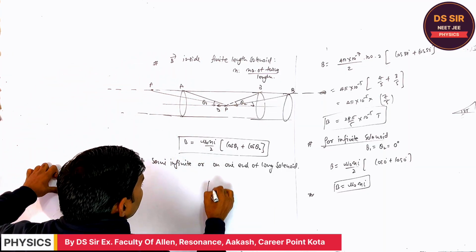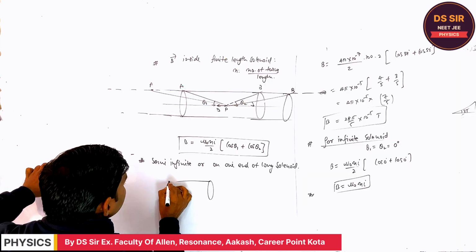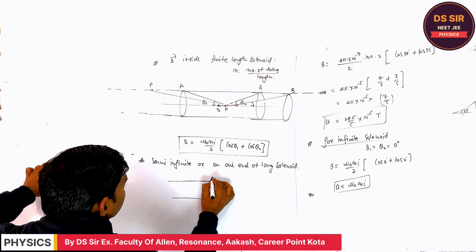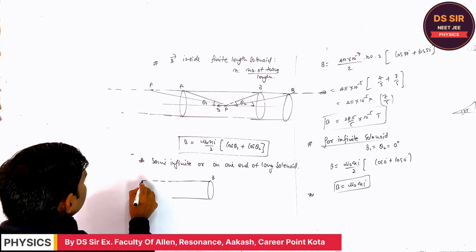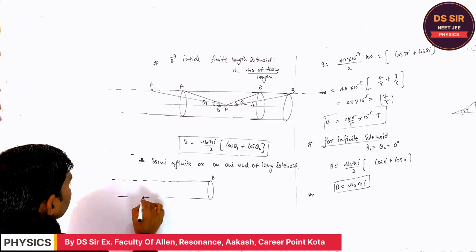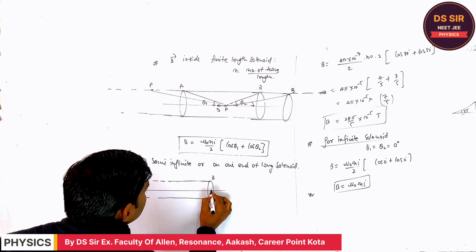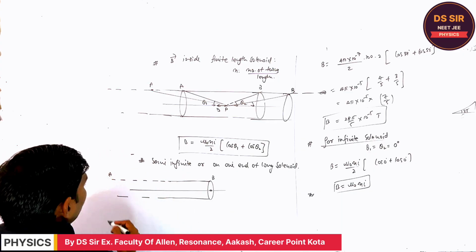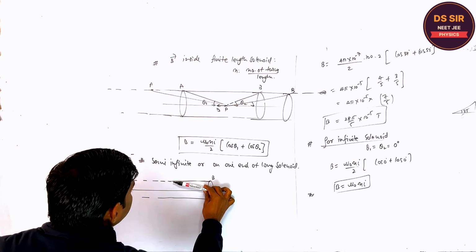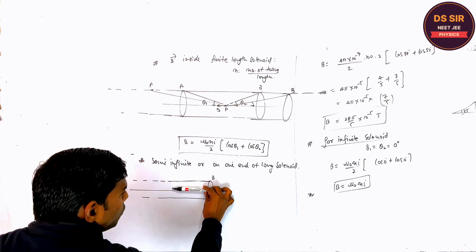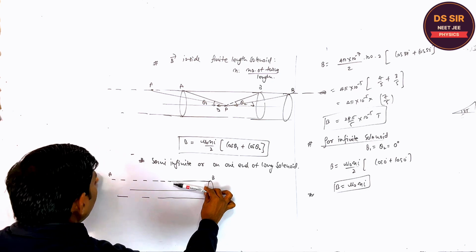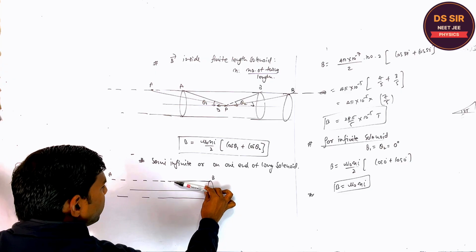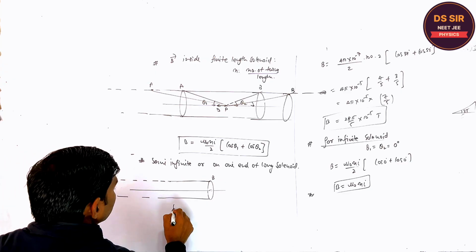One end of a long solenoid means the solenoid starts from here, point B is here, and it extends to infinity. The current is this way. So at this point you have to find the field. The point A tends to infinity, so theta 1 tends to 0.